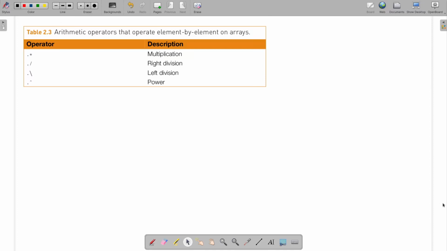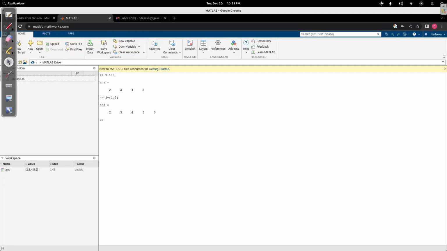We already saw that addition adds to a vector. So here 1 works as an array operator and adds 1 to each element in the array 1 to 5. Okay. There are other operators that work element-wise on arrays.